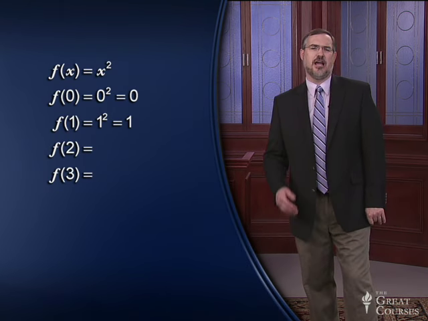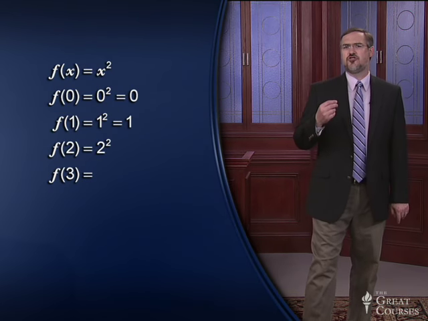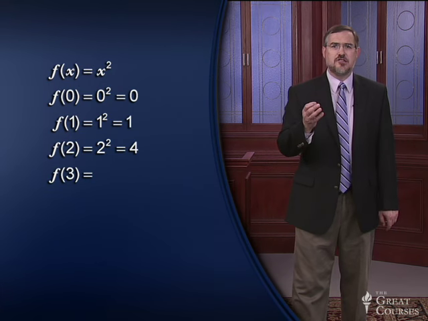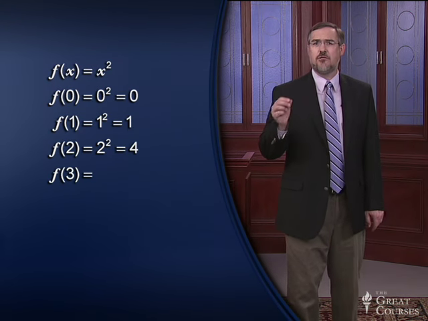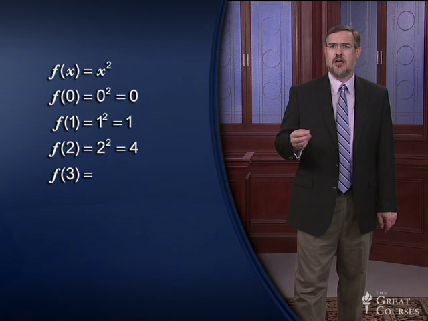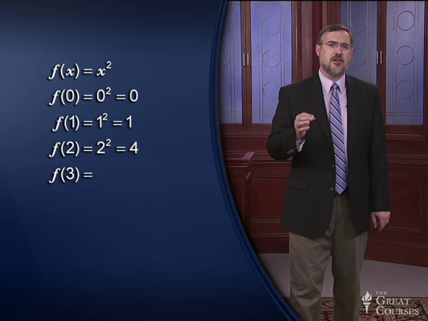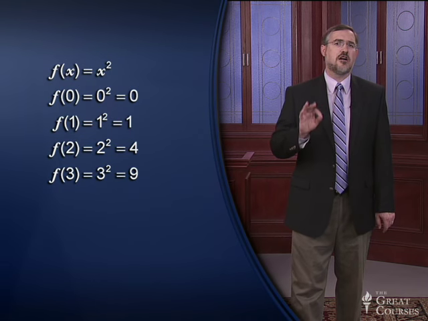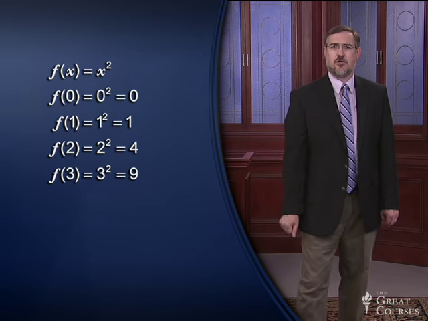Now let's try something different. f of 2 is 2 squared, which is 2 times 2, which is 4. And that means that the point (2, 4) is on the graph. And lastly, f of 3 would be 3 squared, which is 9. So the point (3, 9) would also be on the graph.